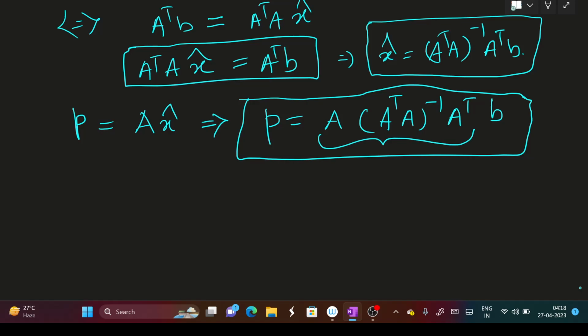This matrix is multiplied with B to give P. That means this matrix is nothing but my projection matrix.